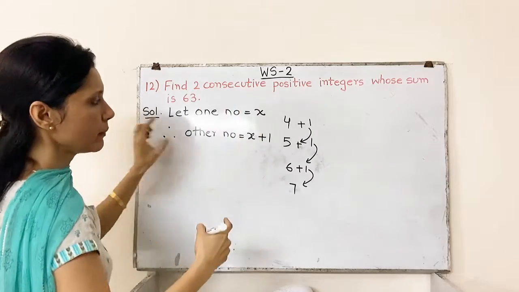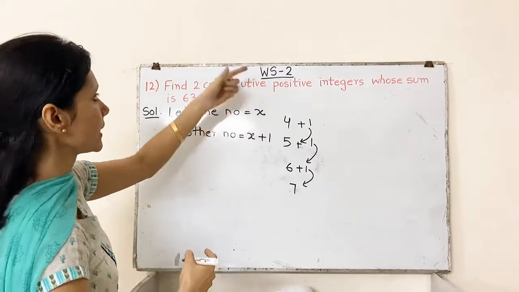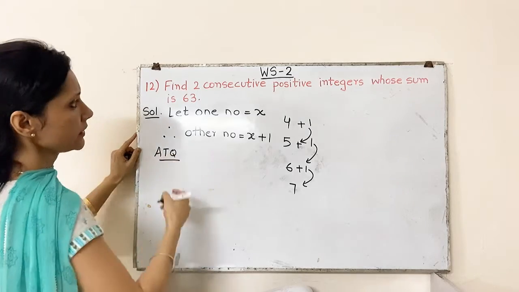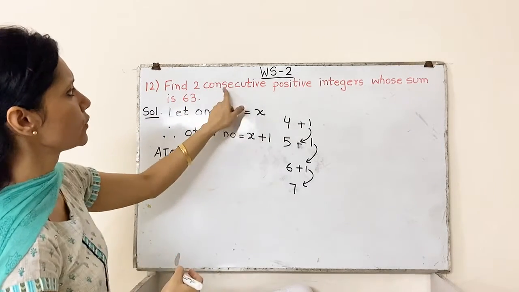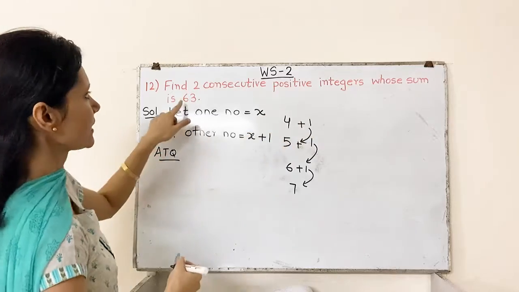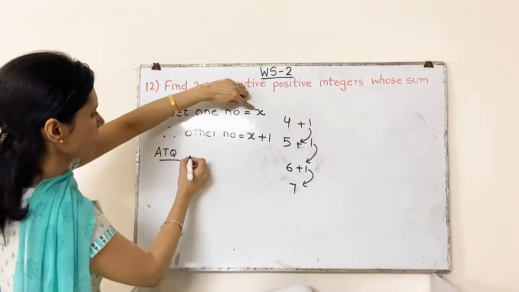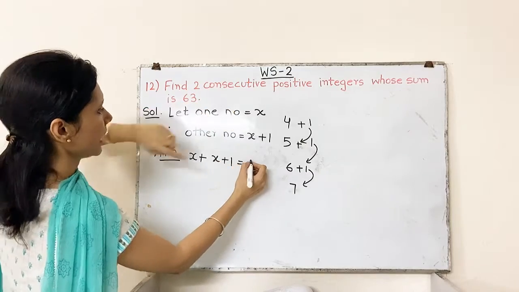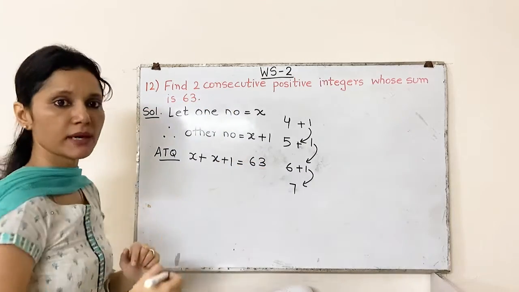Now what is said about these two numbers in the question? According to the question, these two consecutive numbers, their sum is 63. That means when I add x and x plus 1, I get 63 as my answer.